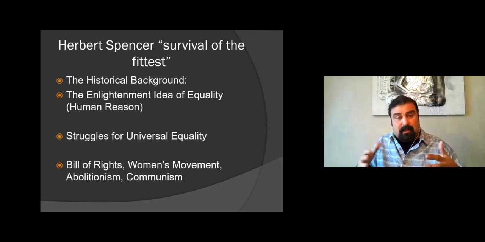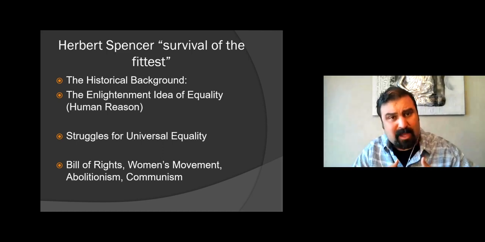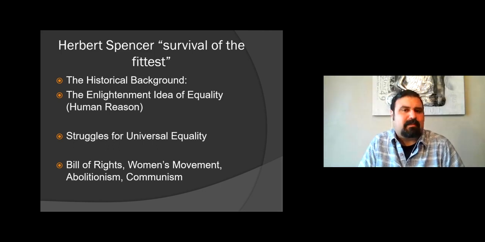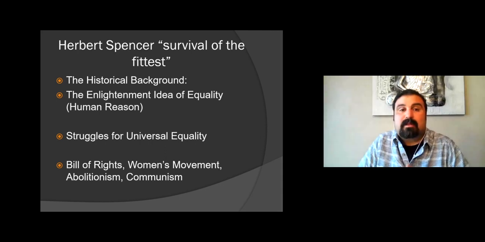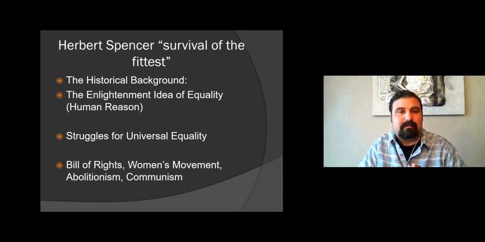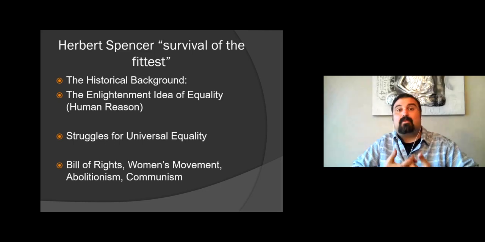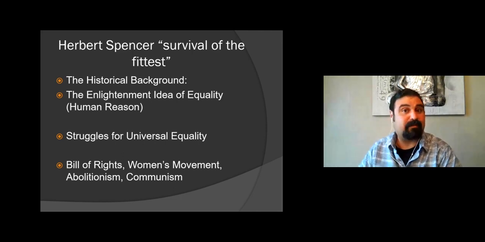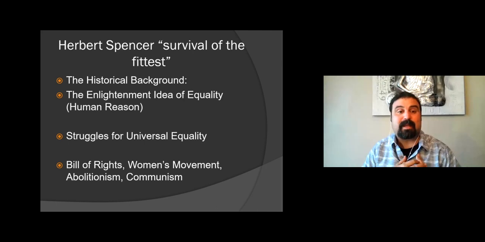But in reality, what Thomas Jefferson, the author of the Declaration of Independence, was suggesting was the new idea of the Enlightenment, that all people have the same rights, that we are created equal, and that we have been given certain rights by nature, the right to life, liberty, and property. Those are rights given to us by nature.